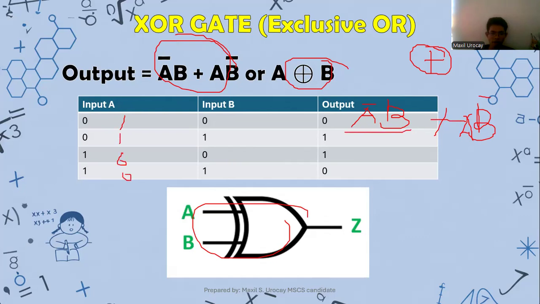But for inverted A with B, when we multiply, for AB, inverted A and B will become 0, that is 1, 0, and 0.